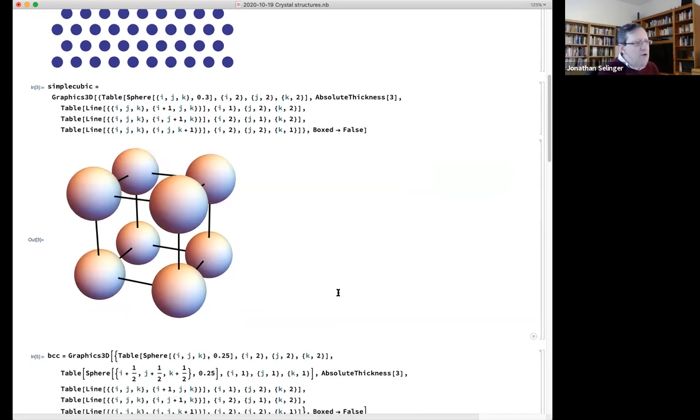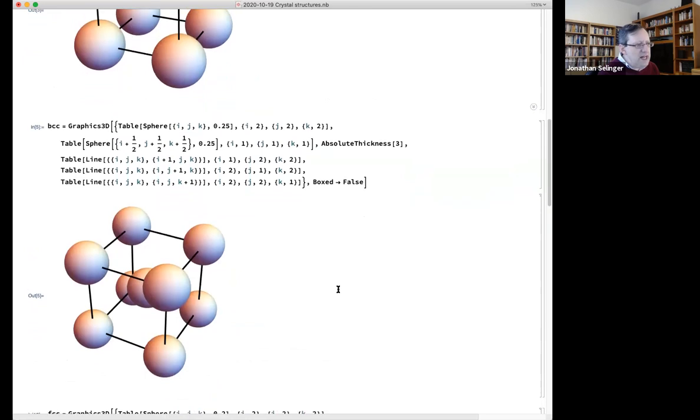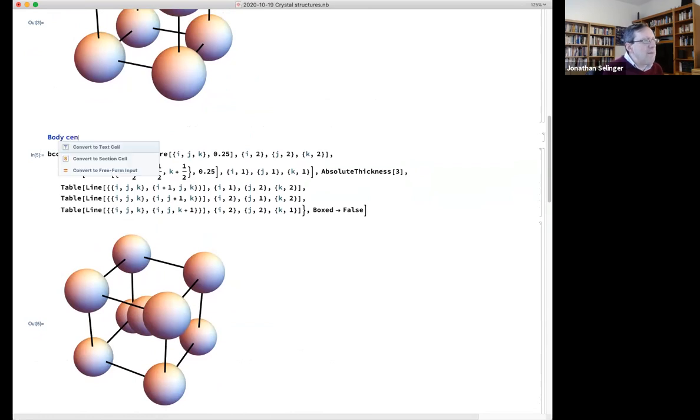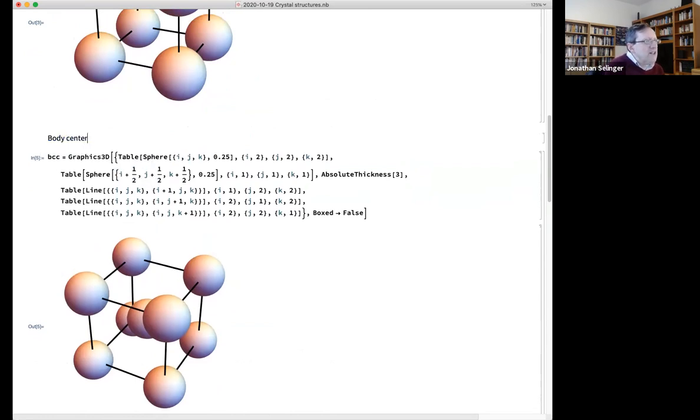Okay? So one that is shown here is a body-centered cubic, which is commonly abbreviated as BCC.